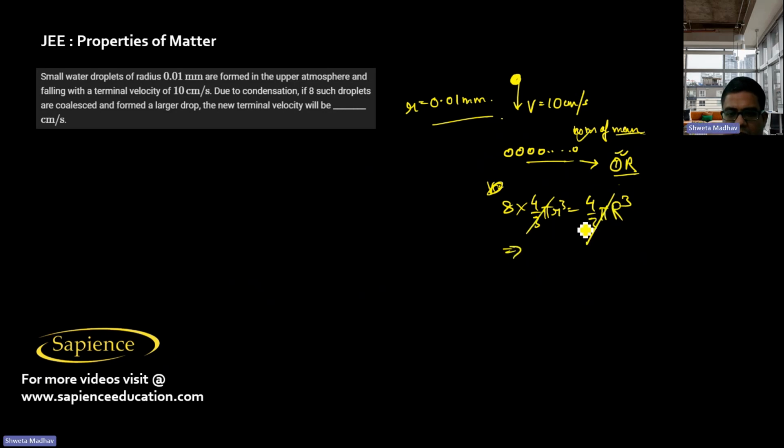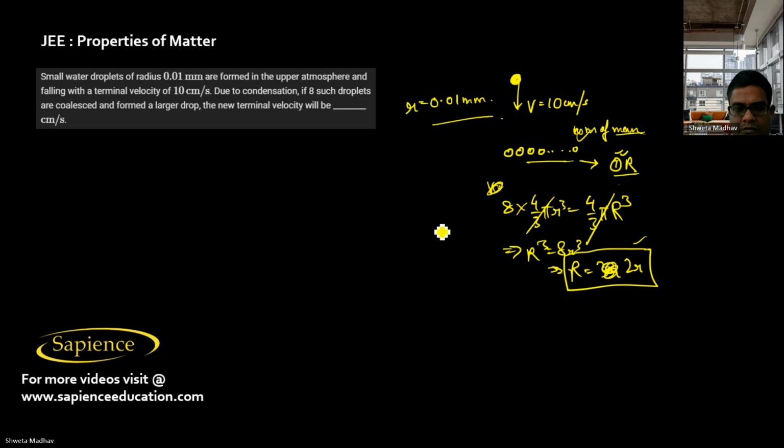If we cancel that, it means the radius is twice the radius of each small drop. R square.